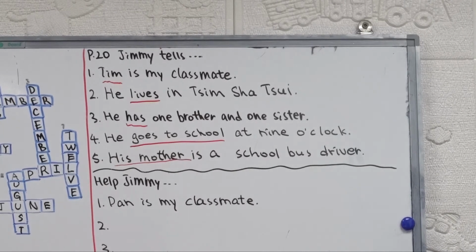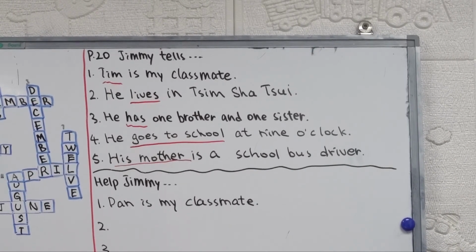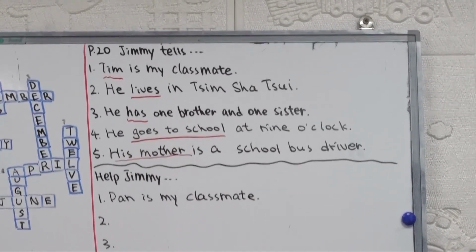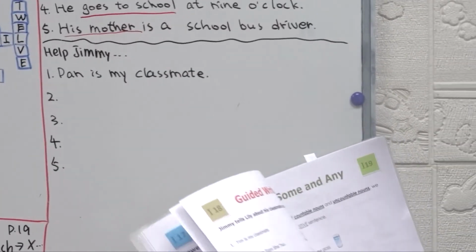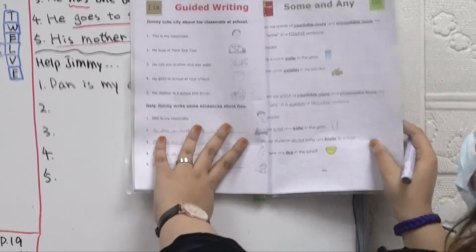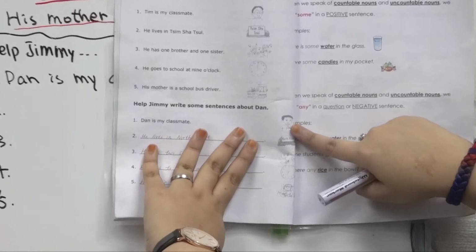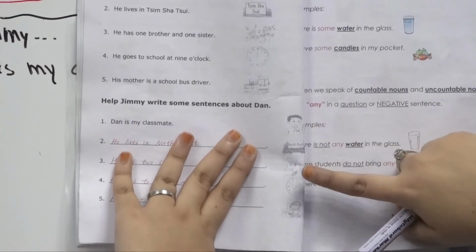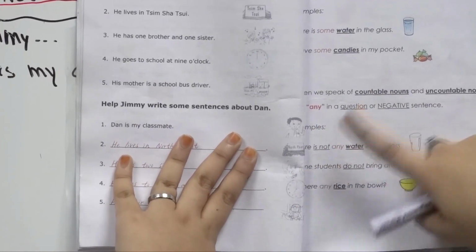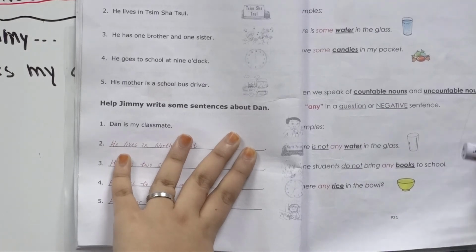So just like that, next part, help Jimmy write some sentences about Dan. So, how do you get information about Dan? The information is here. These sections are the information. This is his picture. This is the place he lives. This is about his family and what time he goes to school.